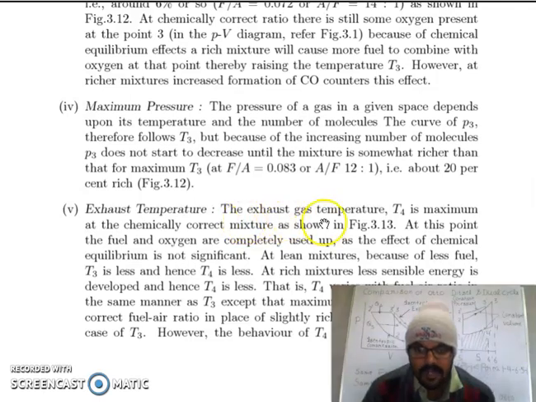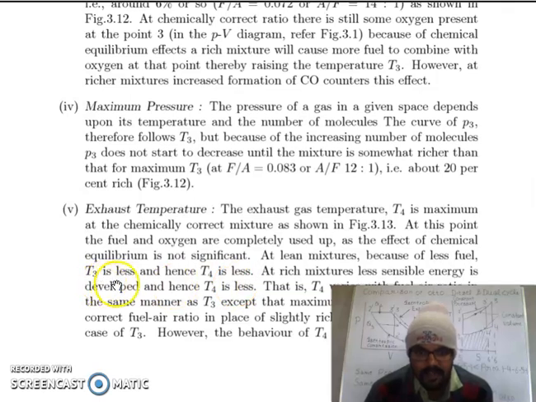The exhaust gas temperature T4 is maximum at the chemically correct mixture as shown in this figure. At this point the fuel and oxygen are completely used up, as the effect of chemical equilibrium is not significant. At lean mixture, because of less fuel, T3 is less and hence T4 is less.